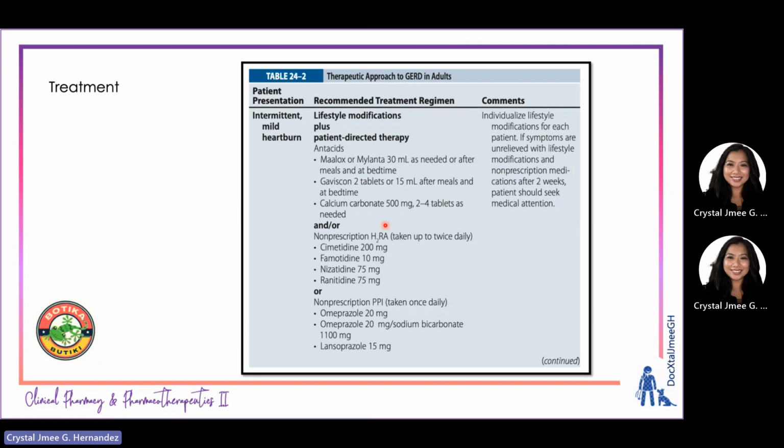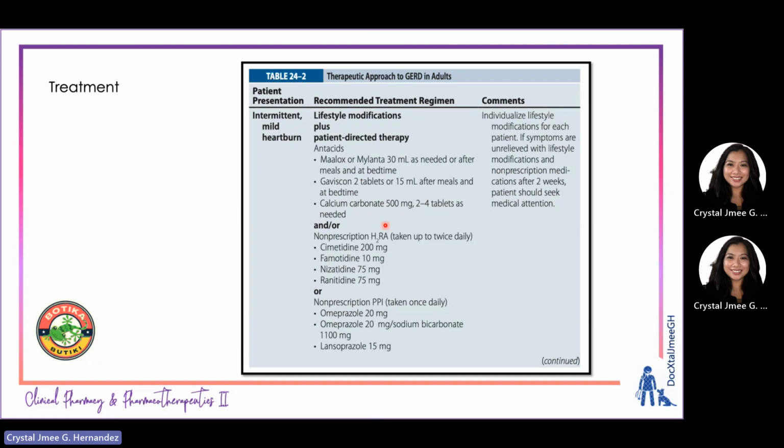Now, for other non-prescription H2RAs, they are non-prescription in the sense that they are prescribed at lower doses than normal. Here in the Philippines, I believe the preparation that we have is Kremil-S Advance, sorry for mentioning a brand, wherein it's a combination of an antacid together with an H2RA of a lower dose as compared to the prescription drug.